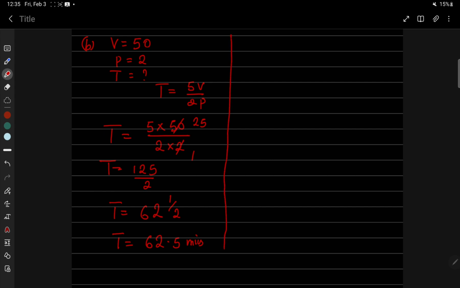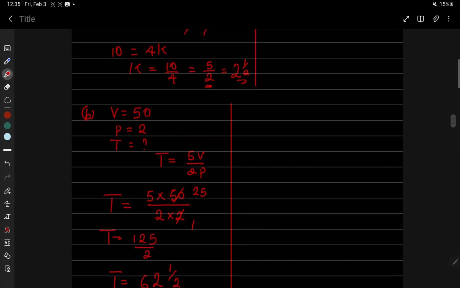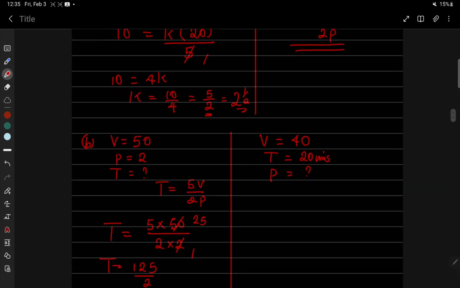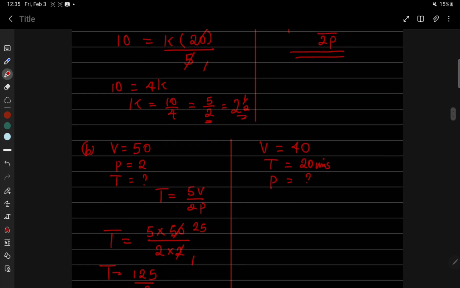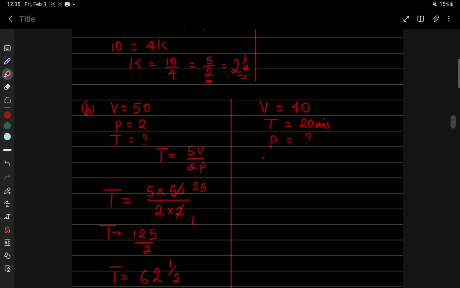So we can work it like this. We do not know P, so we are still going to make use of our formula connecting T, V, and P, which is T is equals to 5V all over 2P.